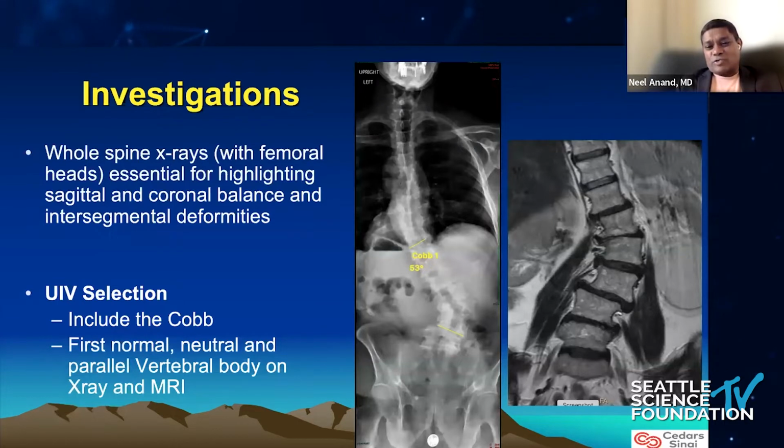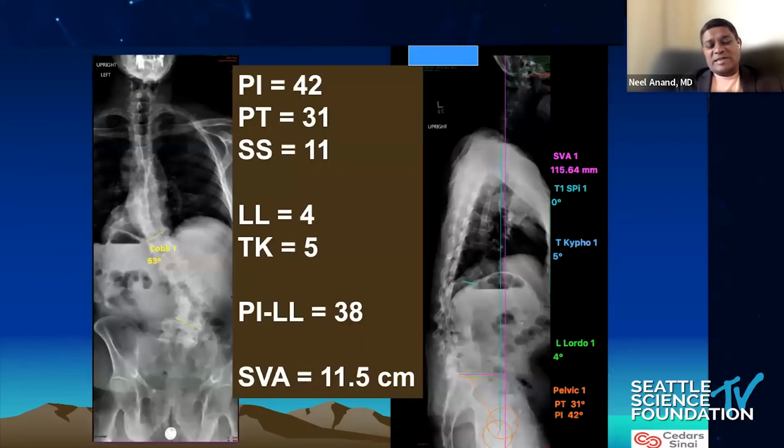So everyone gets an x-ray, and in the x-ray, the curve is selected. The whole curve is included. But like I talked about before, the UIV for me is the first normal, neutral, parallel vertebral body on x-ray and MRI. In this case, it would probably be T11, where I'll cross that and not stop there. T11 or T12, either would be fine in this particular patient in terms of my UIV. So at least that selection is done.